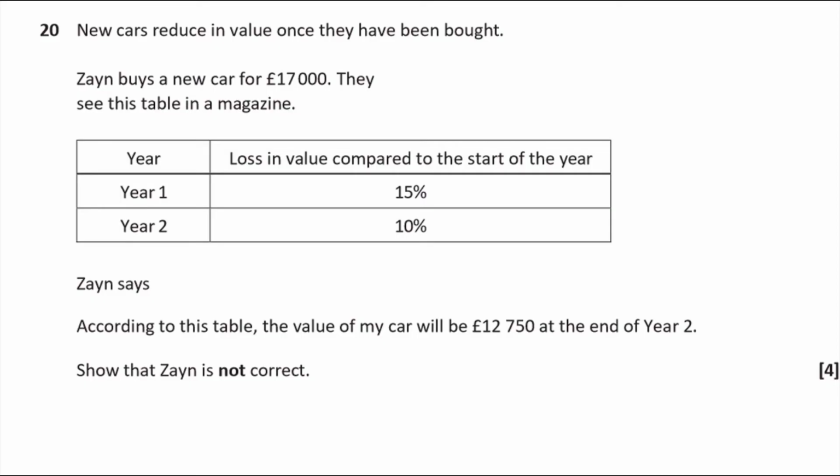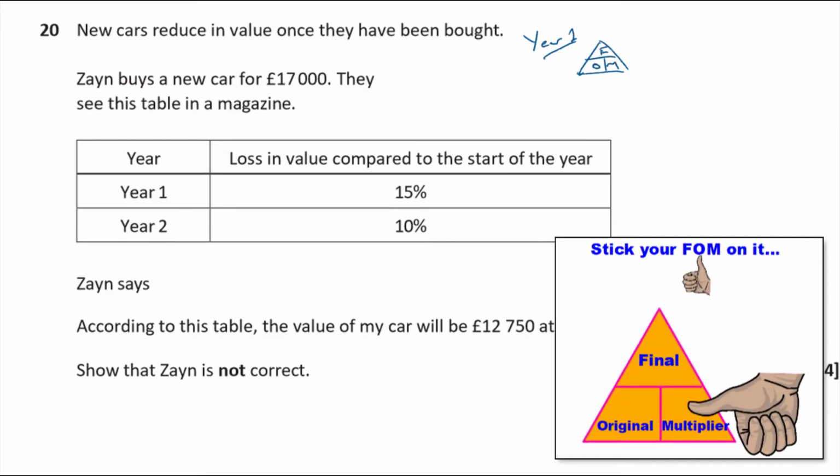Okay. So this is a percentage decrease question, but it's being decreased twice. So in year 1, we've got final, original, multiplier. Final is what we're trying to find. The original is the cost of the new car, which is £17,000.